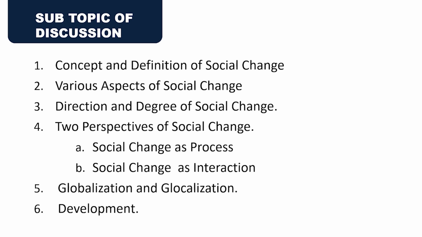The second is various aspects of social change. Here we will discuss the source of change, direction of change, level of change, etc. And the third subtopic is the direction and degree of change, where we will talk about evolution and revolution.